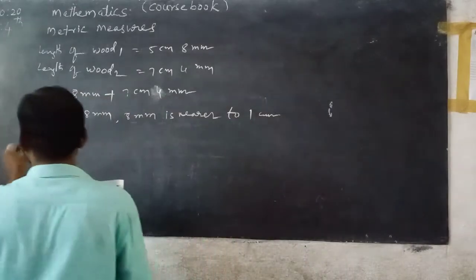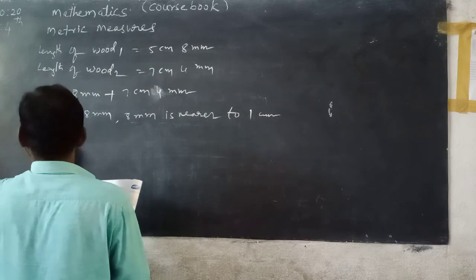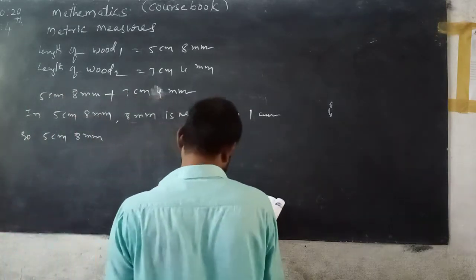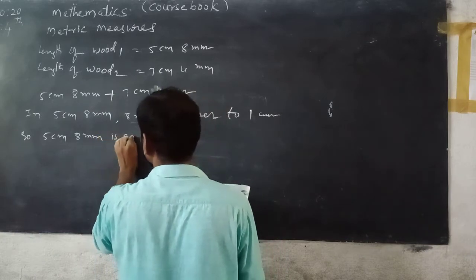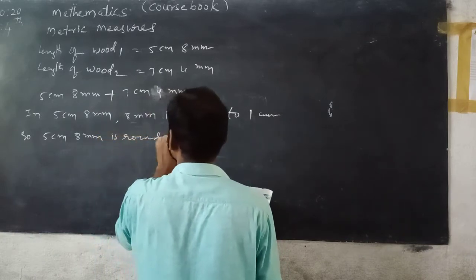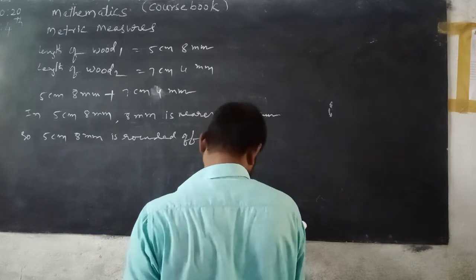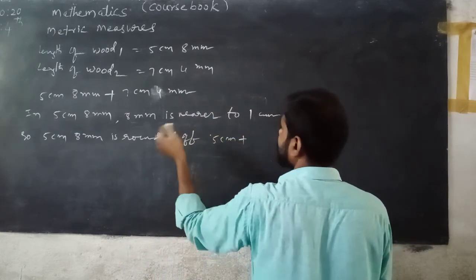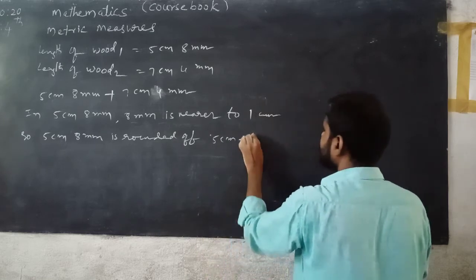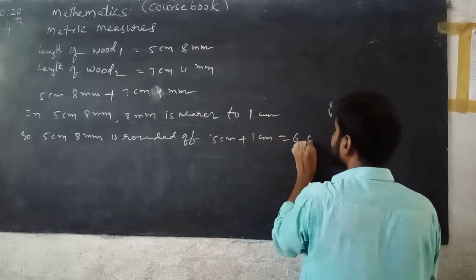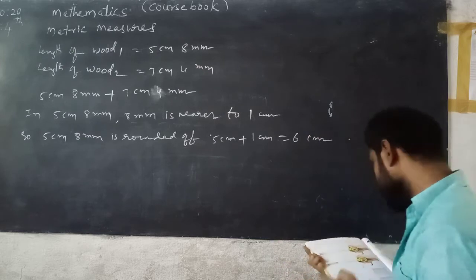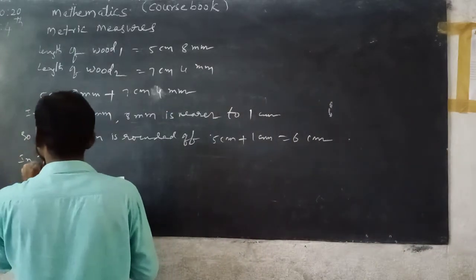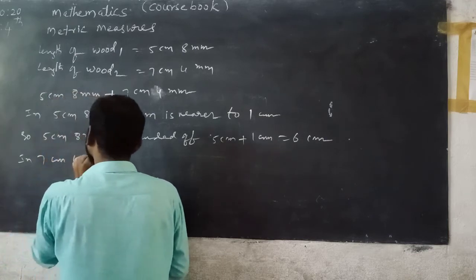So 5 centimeter 8 millimeter is rounded off: 5 centimeter plus 1 centimeter, so you get 6 centimeter.